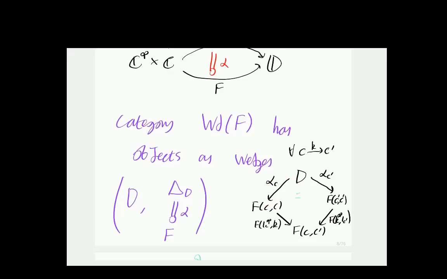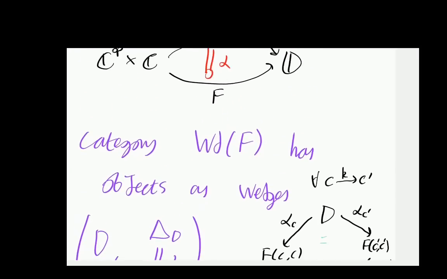And together this family of arrows, we might refer to them as projections, in an analogous way to what's going on with cones. Well, these projection arrows just have to make these diamonds commute here for every arrow K. So that's what a wedge is. It's just an apex D, a family of arrows, alpha C for every object C, such that for every arrow K, we have this diamond commuting.